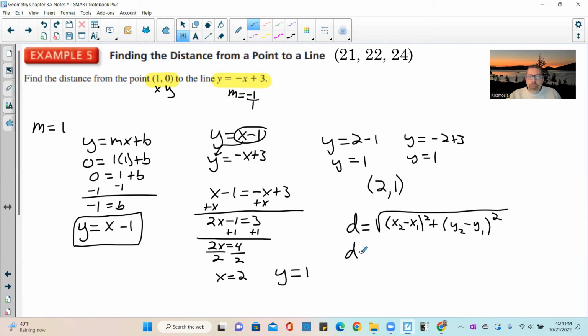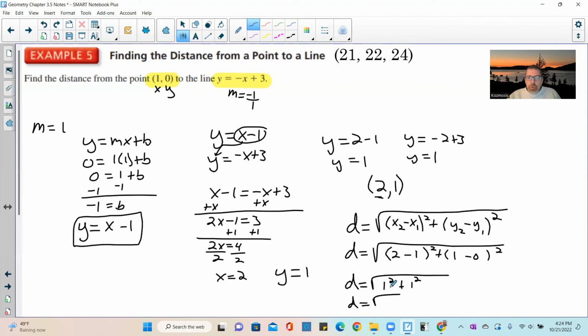So I substitute in my givens. d equals the square root of 2 minus 1, which is 1 squared, plus 1 minus 0, which is 1 squared. So d equals the square root of 1 plus 1, which is 2. So the distance between those 2 points is the square root of 2.